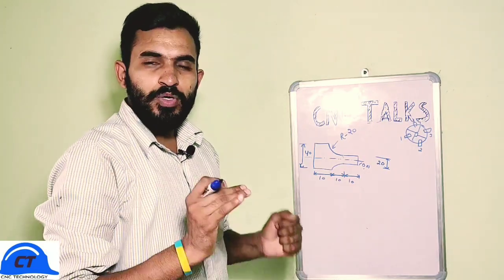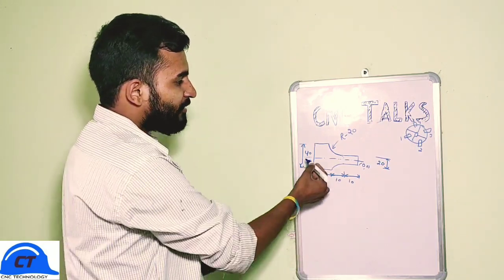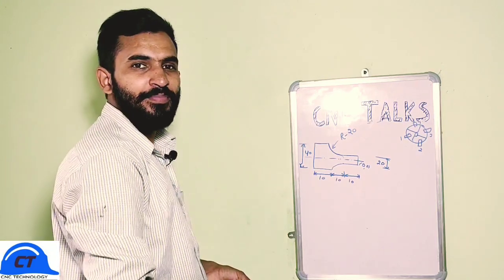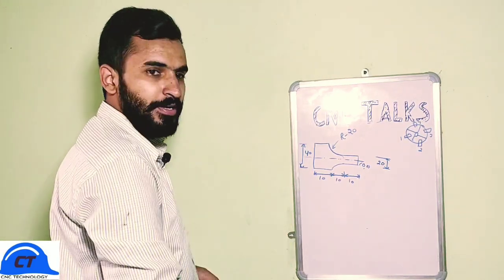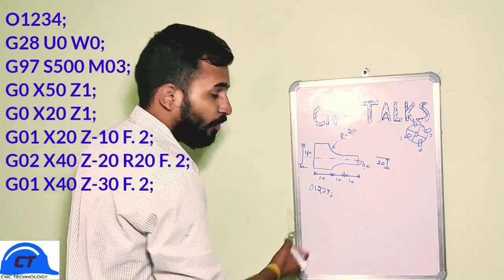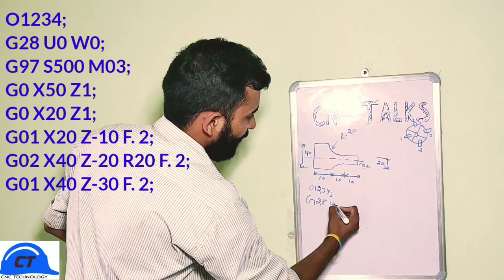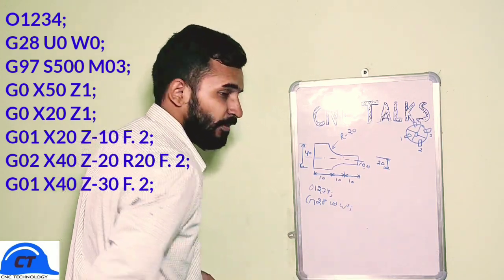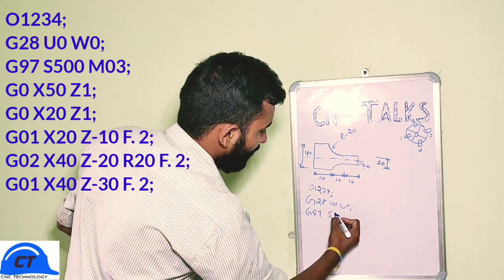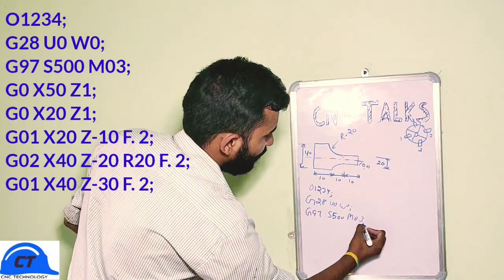So finally, we're going to use all of our codes in a CNC turning program. So let's suppose this is a part we need to make in a CNC turning. Now let's make a program of this part. Let's start our program with a program number O1234 followed by G28, the home position code. After that, we'll use G97, S500 and M03.